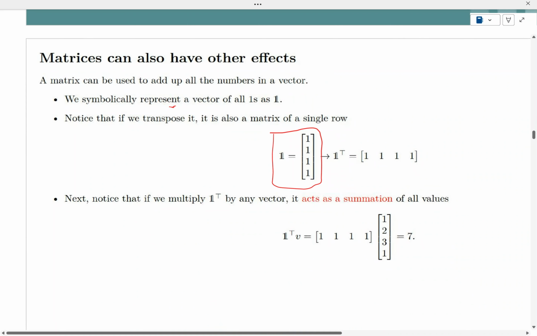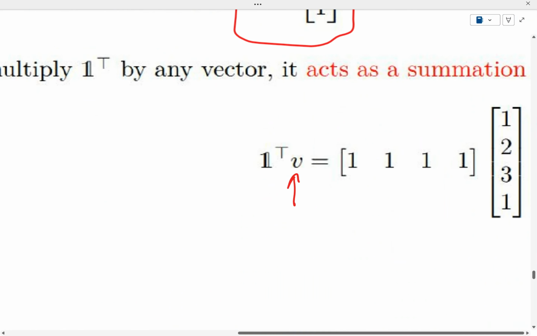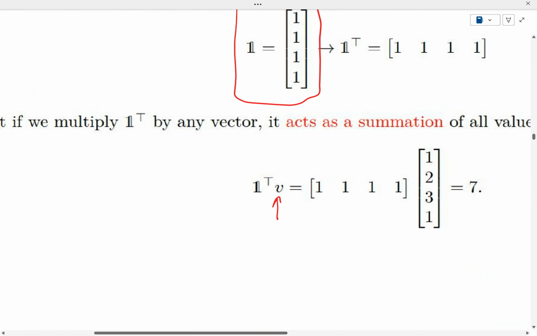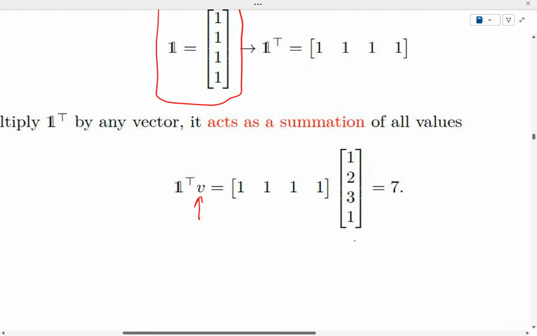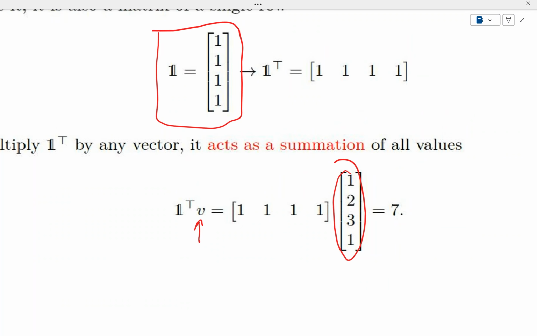For example, if we have a vector v and we want to add all the elements in that vector, notice that if we just multiply v by the vector of ones, it's equivalent to adding up all the numbers. So it's equivalent to a summation.